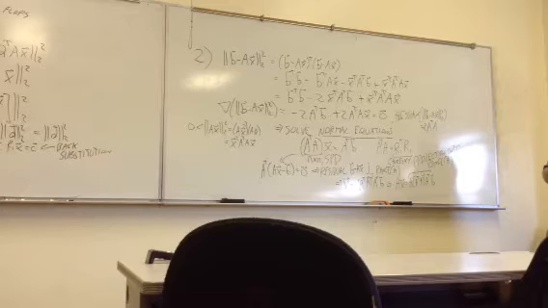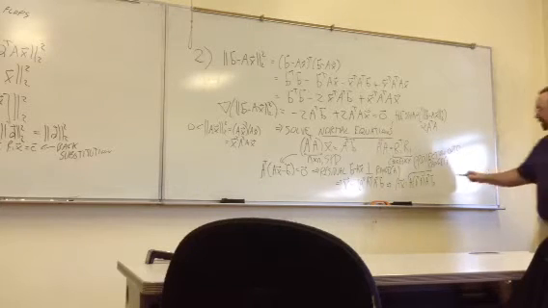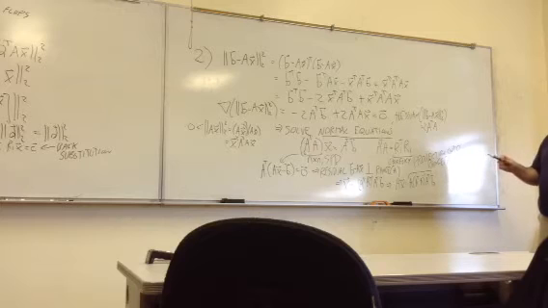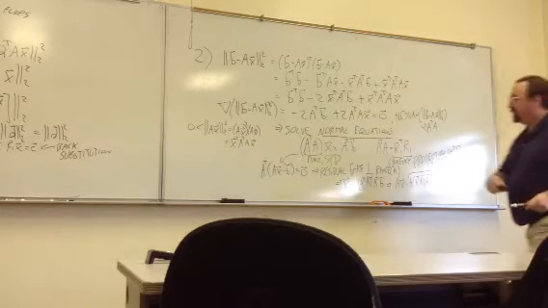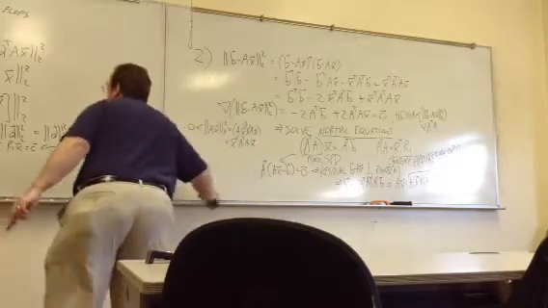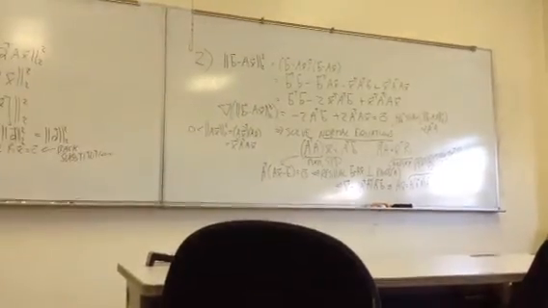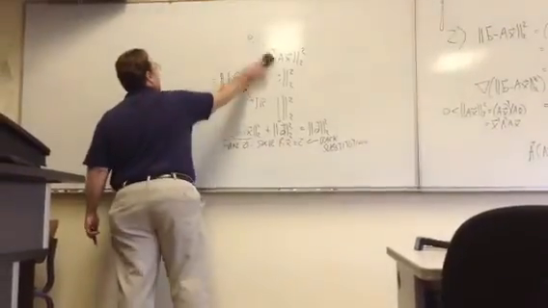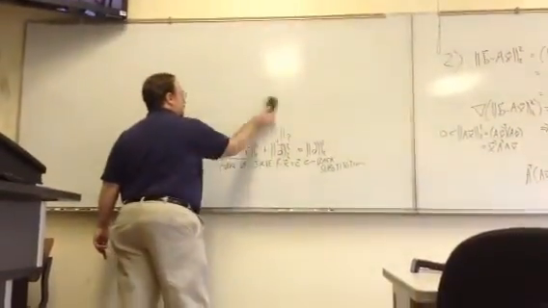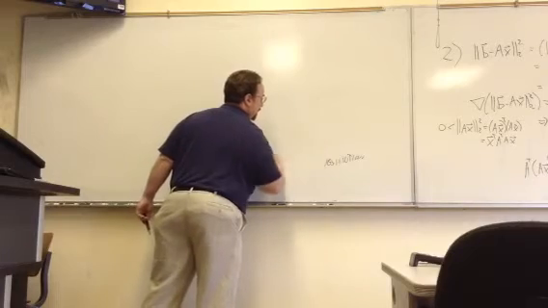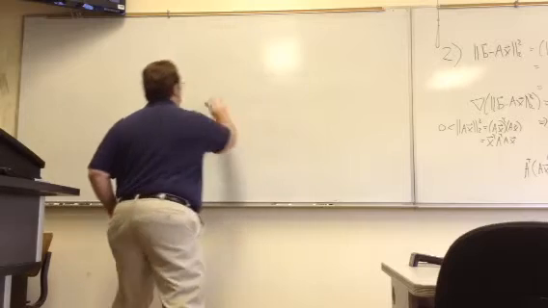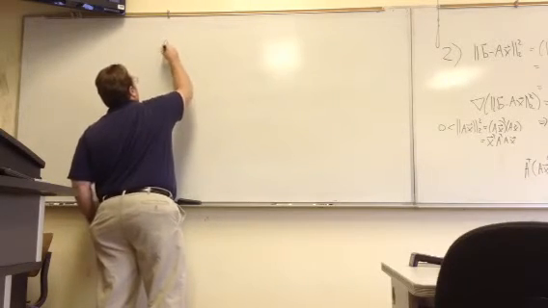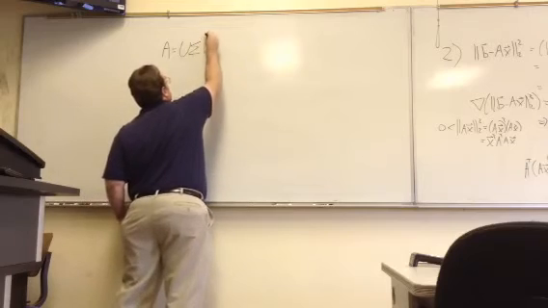Now, there's one other thing that I can reveal about the least squares solution if I make use of something that I talked about a while ago, the singular value decomposition. I write A is U sigma V transpose.